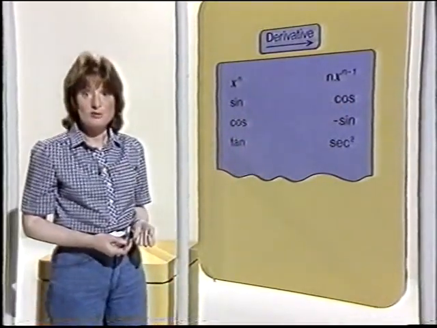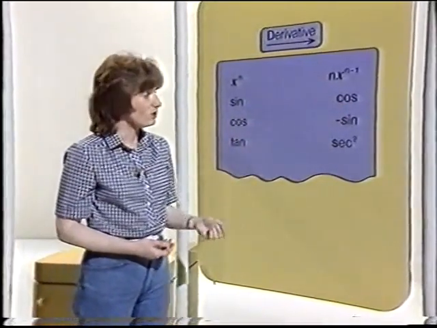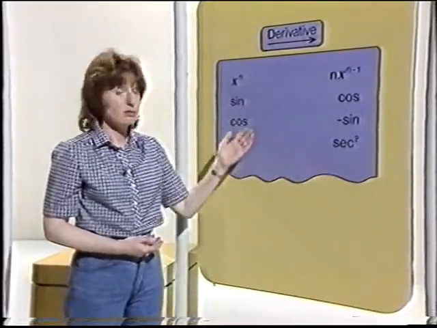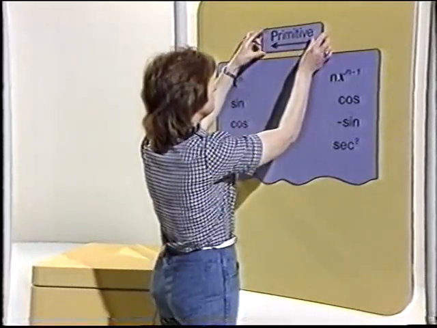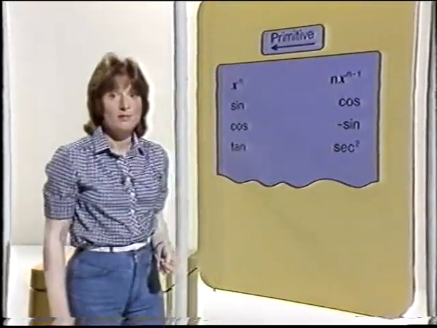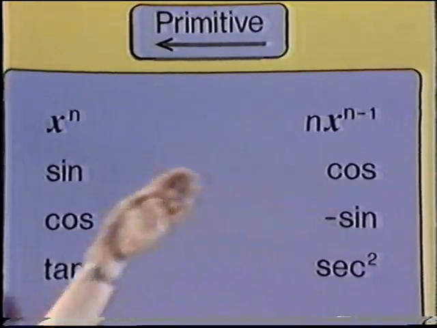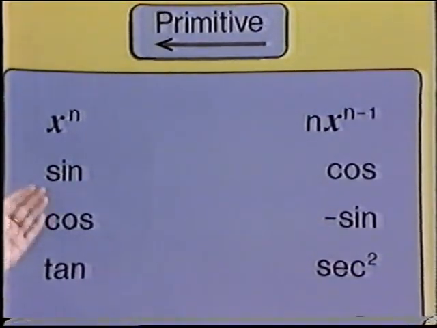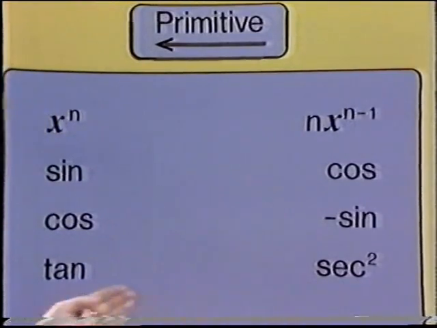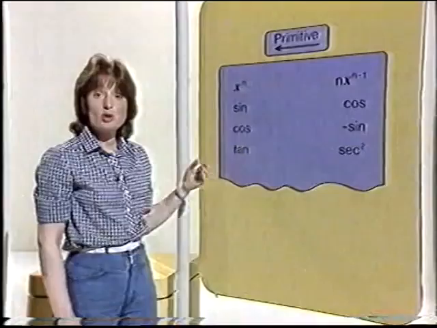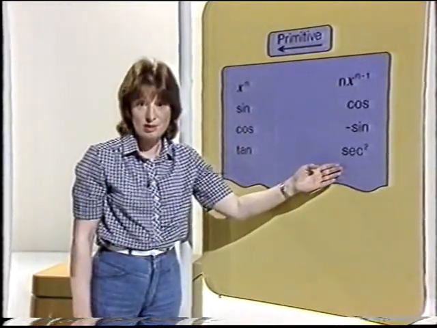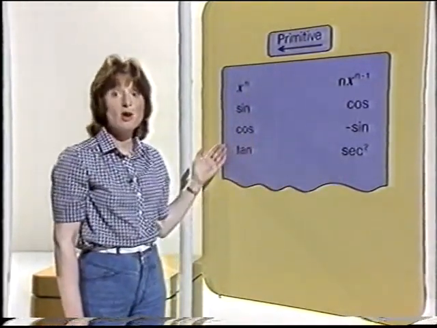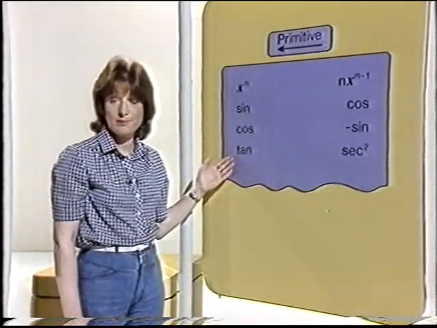Now, to find primitives, all we have to do is to read the table the other way around. So here's cos with its primitive sine, and a primitive of sec squared is tan. So provided we want to integrate one of these functions on the right-hand side, we can look up its primitive on the left-hand side of the table.